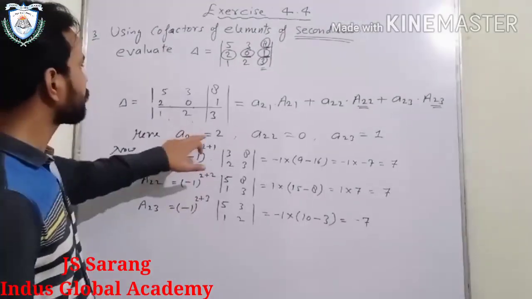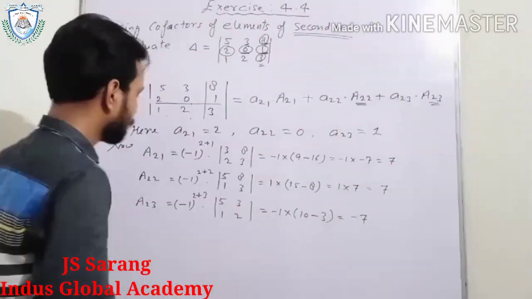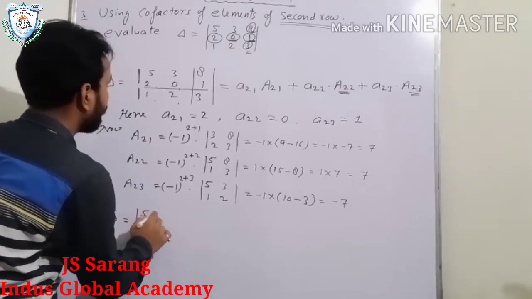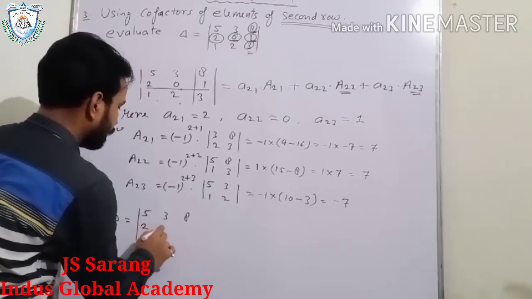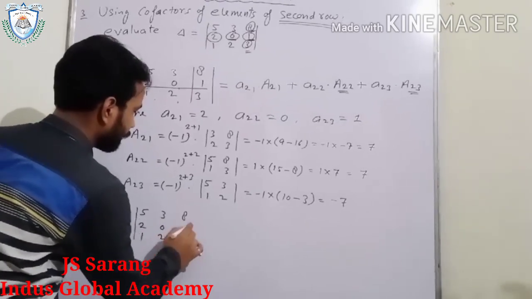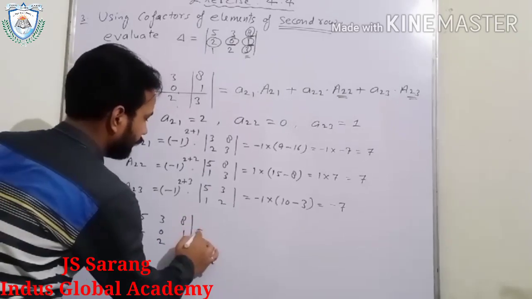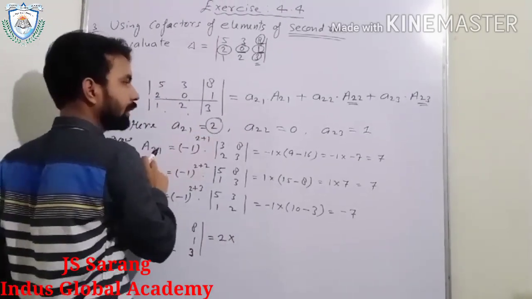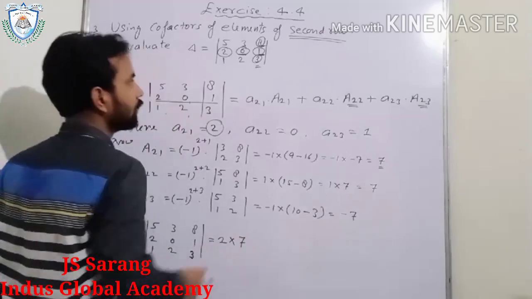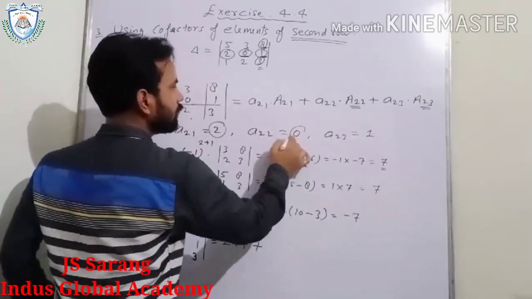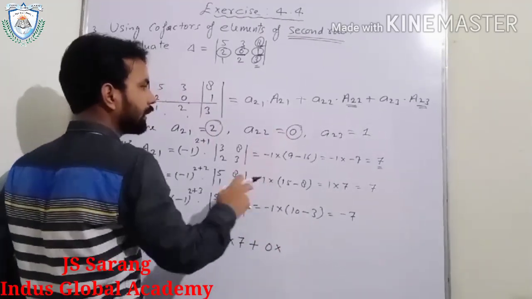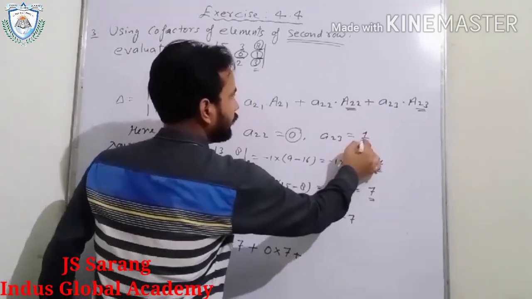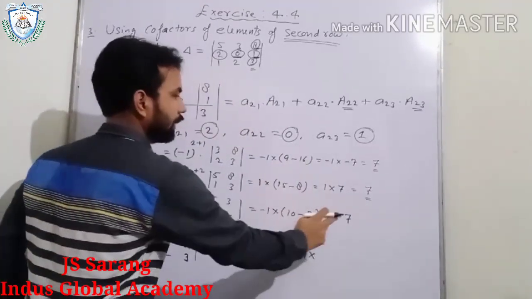Now we have to substitute all these values. Hence delta, the determinant 5 3 8, 2 0 1, 1 2 3, equals a21, which is 2, into its cofactor 7, plus a22, which is 0, multiplied by its cofactor 7, plus a23, which is 1, multiplied by its cofactor minus 7.